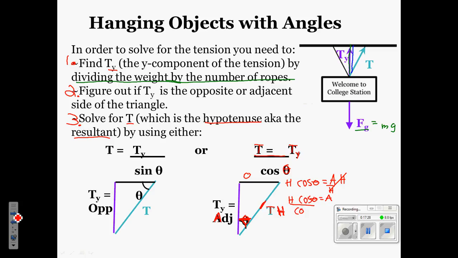Divide by cosine because I got to get h all by itself. And there's my formula. And look, it's the same as this because big T and big H are the same. Big Ty is the same as adjacent.